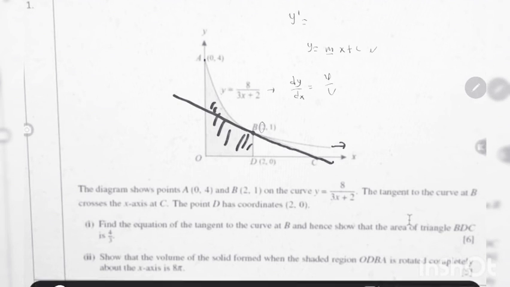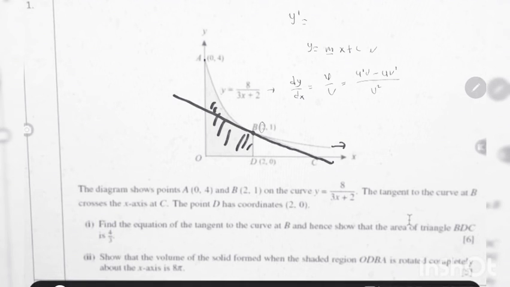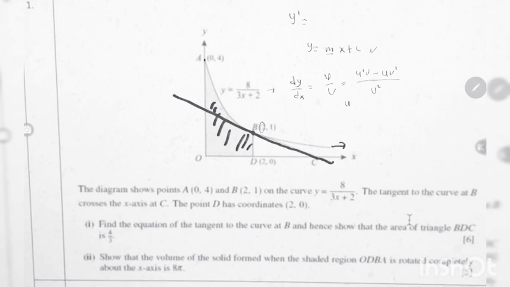So dy dx equals u over v. If you want to differentiate u over v, you have u prime v minus u v prime, all over v squared. In this case our u equals 8 and v equals 3x plus 2.